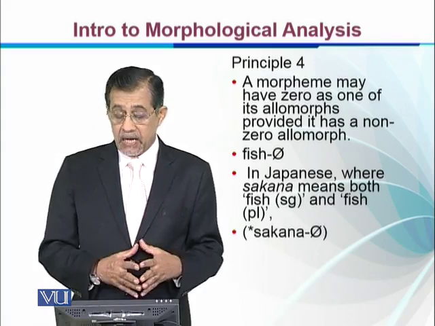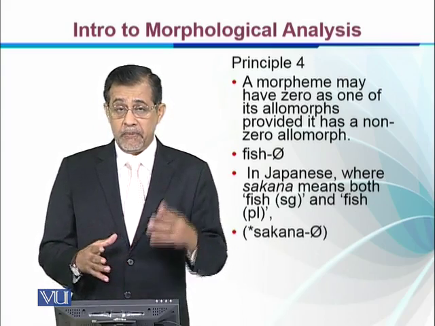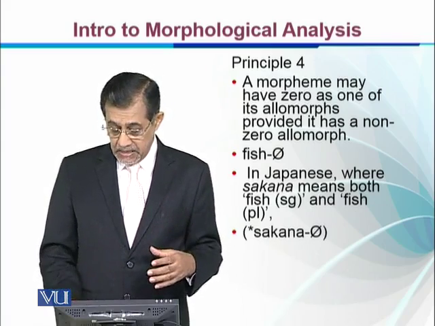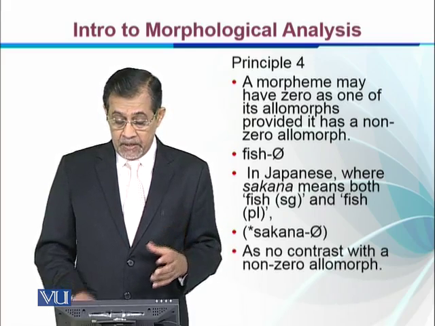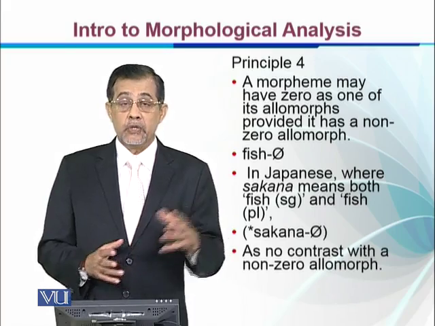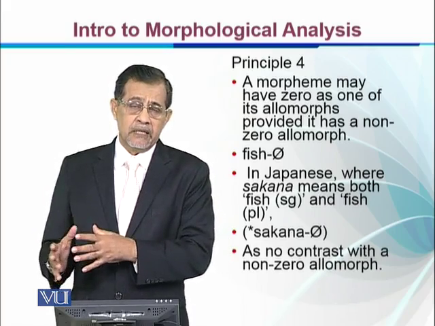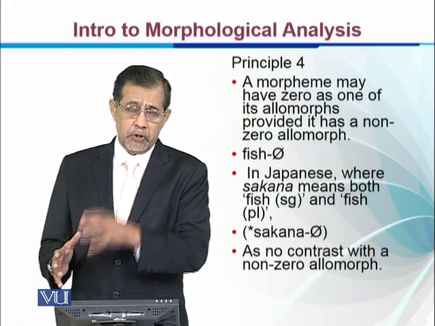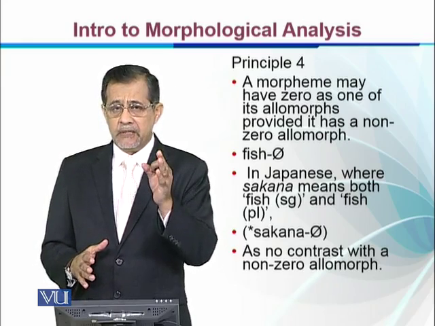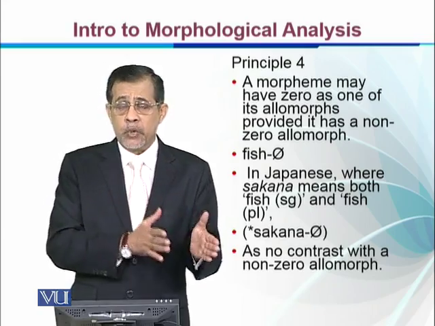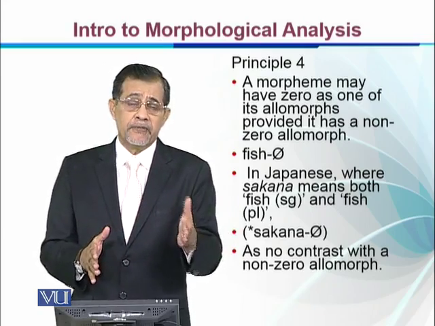For example, kana-s, a zero morpheme, is not possible. It will be an incorrect word in Japanese, as no contrast with a non-zero allomorph exists in the Japanese language. So for any language to have a zero morph, it needs to have other allomorphs as well.